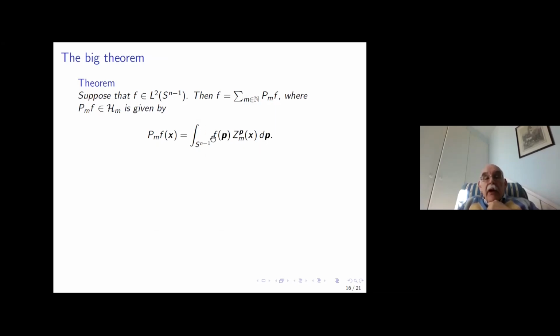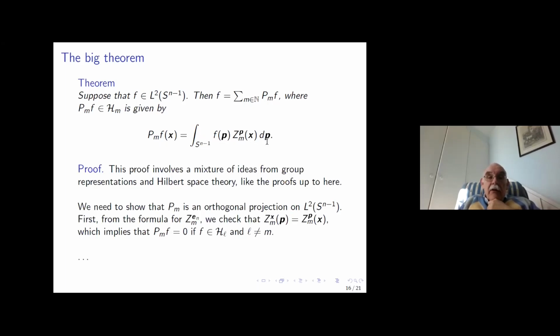So here I'm taking, if you like, a limit of sums of these zonal spherical functions in x, and I'm weighting the different zonal spherical functions with the point p, and that is going to give me an orthogonal decomposition of f, but it gives me a nice integral description of the projection.